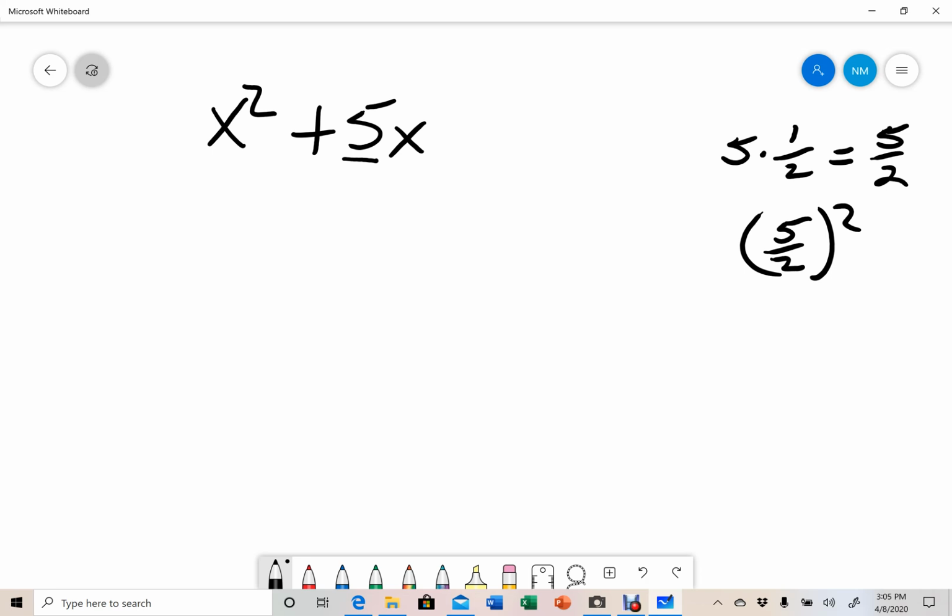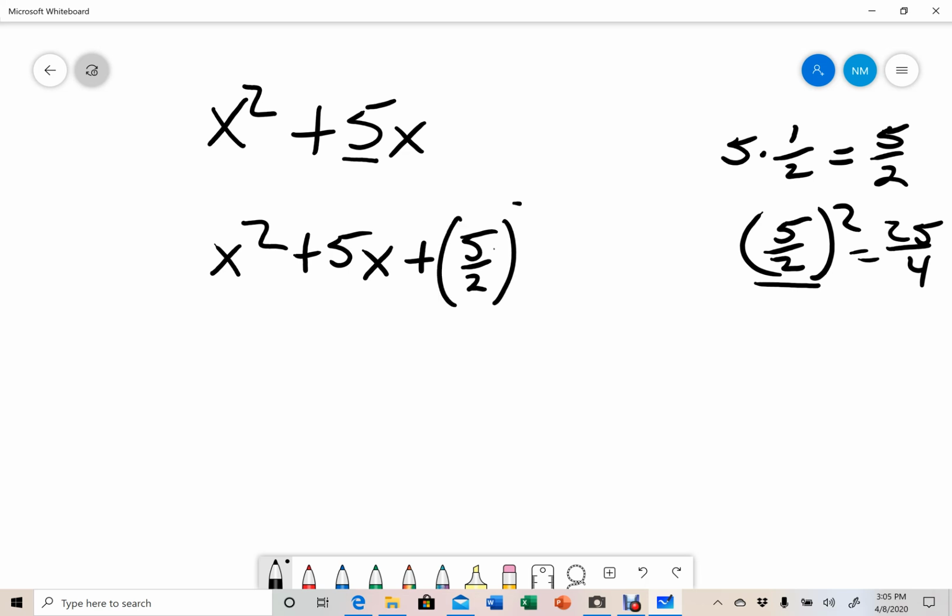So instead of actually going out and saying, okay, this is 25 over 4, I'm just going to leave it here, okay? So I'm going to add this into my equation. So I've got x squared plus 5x plus 5 over 2 squared. Okay, so 5 over 2 squared now is the completing the square part, and now I have to factor. So I take this and I factor this into x plus 5 over 2 squared, and this is my answer.